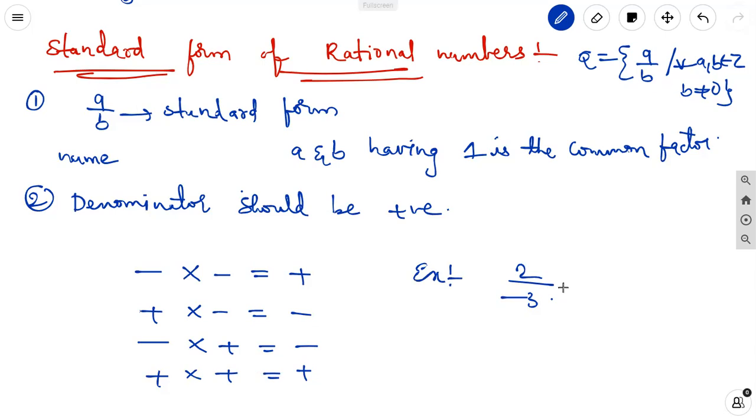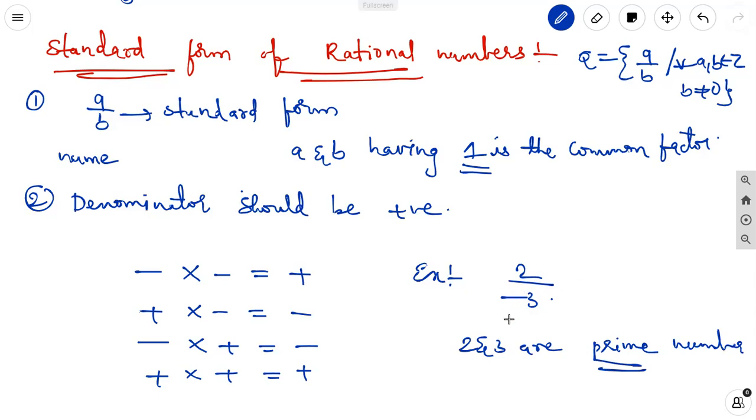In this case, we can transfer it to standard form. 2 and 3 are both prime numbers, which means they have only one as the common factor. The definition of a prime number is that its only factors are 1 and itself.